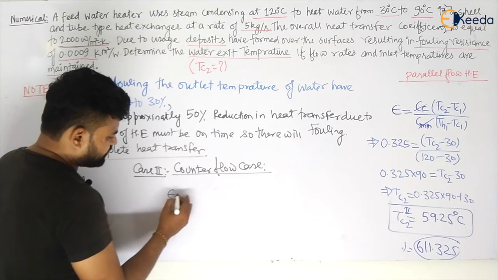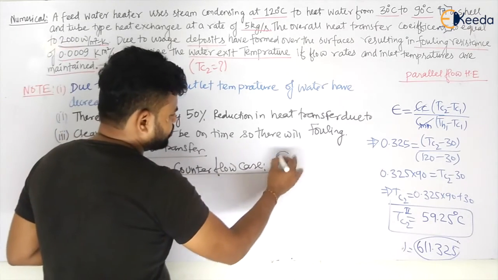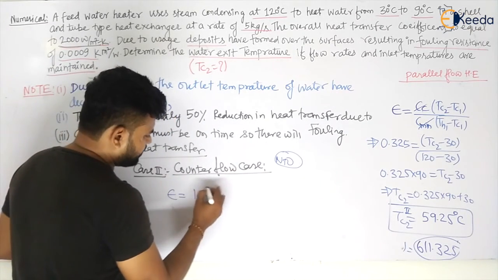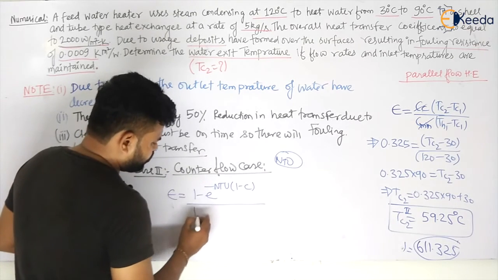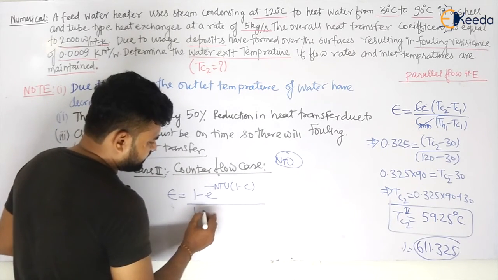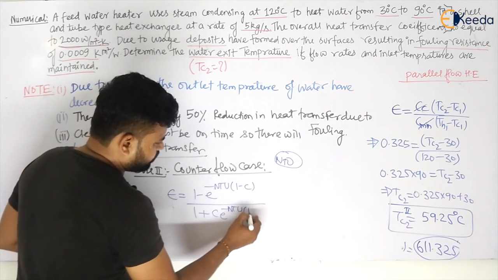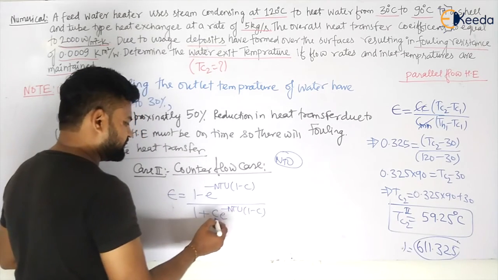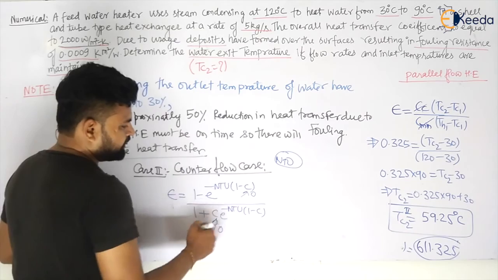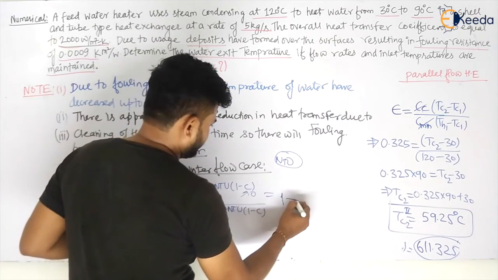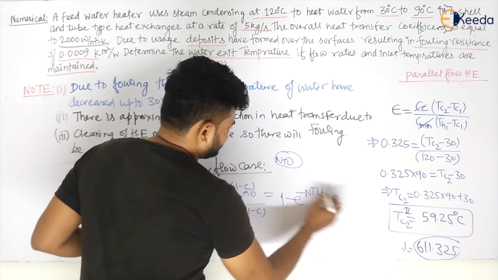So what is the effectiveness for this counter flow heat exchanger, my dear students, when you are using NTU? This will be given by 1 minus e to the power minus NTU(1 minus c) divided by 1 plus c e to the power minus NTU(1 minus c), my dear students. But c is 0 in our case. So this will be the same: 1 minus e to the power minus NTU is the effectiveness.